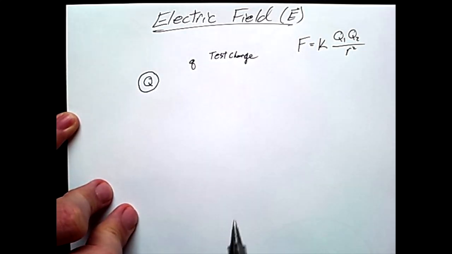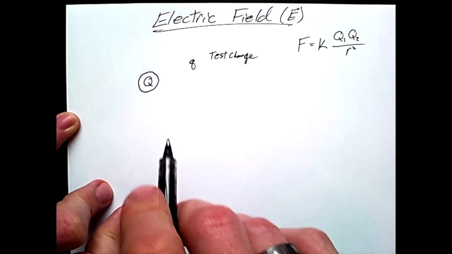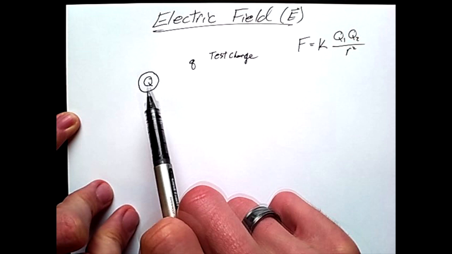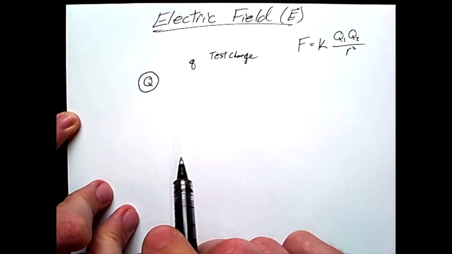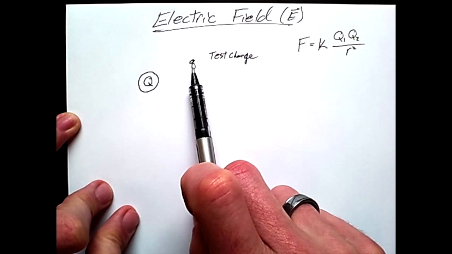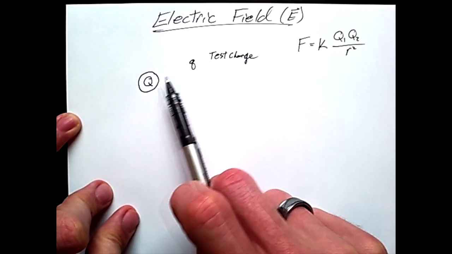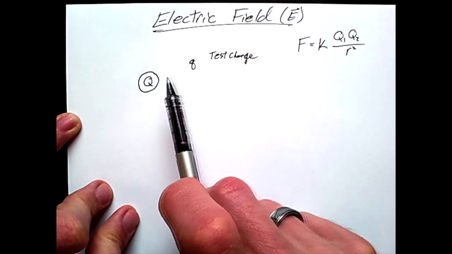An electric field is a way of doing that visually with lines. And so what we have to imagine is that any charge will emanate an electric field from it, because no matter what this charge is, this charge will either attract or repel to the larger Q here, right?